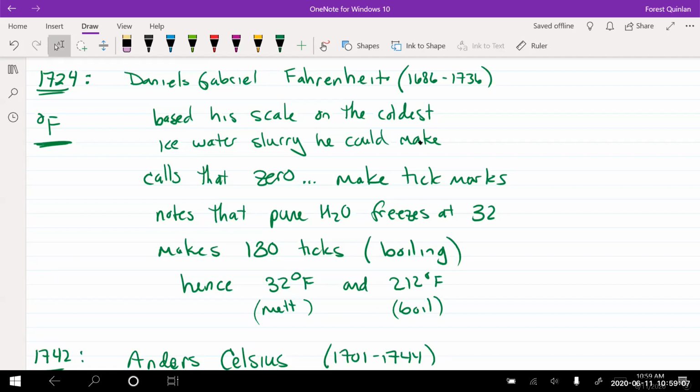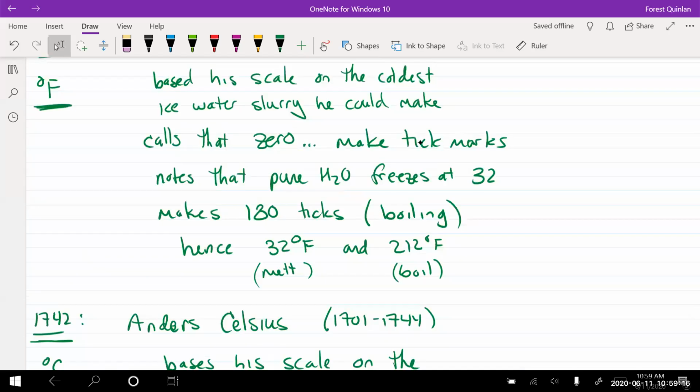A mere 12 years later, he kicks the bucket. Look at Anders Celsius. Gives it to us in 1742. In 1744, kicks the bucket. And they were really young. They were young to die. Yeah, they were relatively young.